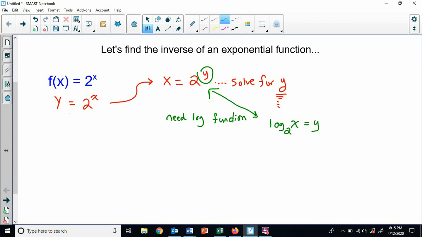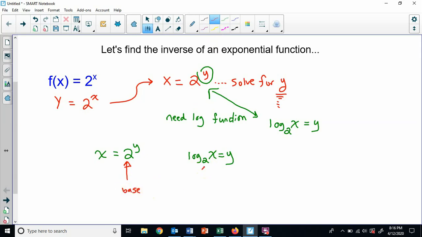So first off, let me write them both side by side for easier comparison, so that you can get the hang of switching back and forth. We'll practice switching back and forth in a second. First and foremost, remember this piece underneath the exponent is called the base.